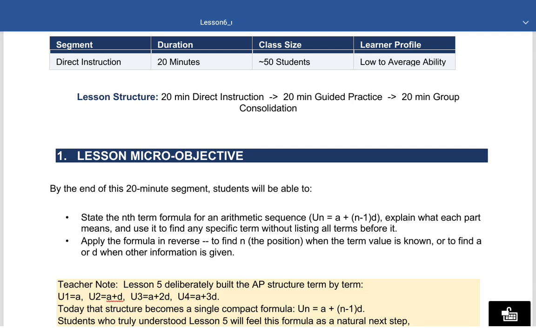How do you get d? d is 8 minus 4, or 16 minus 12, or 12 minus 8.